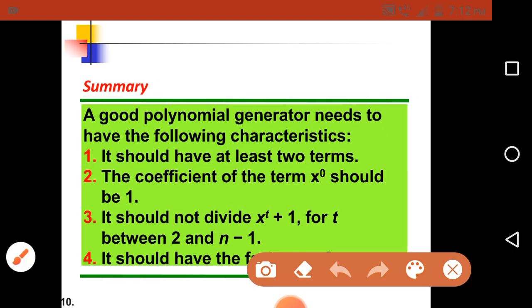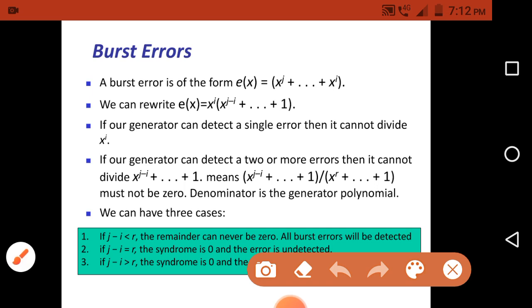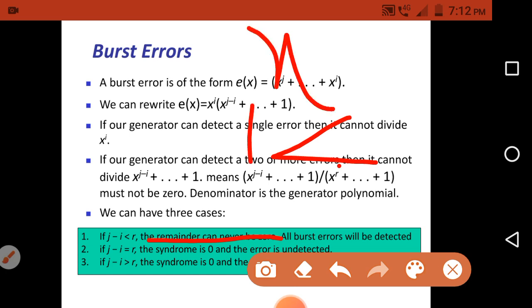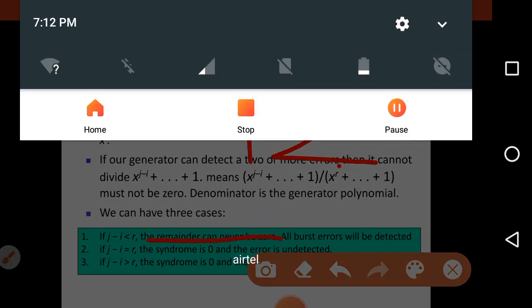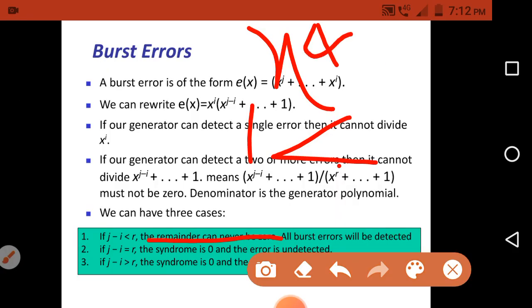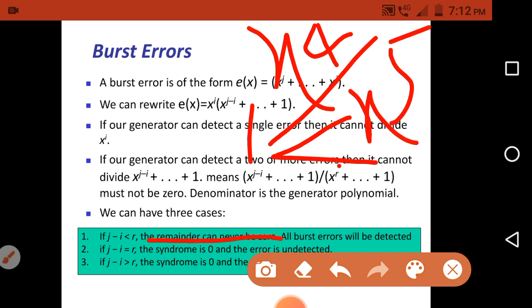The remainder cannot be 0. Why? Because if the r value, that is the degree of the denominator, is greater than the degree of the numerator, say the numerator is x raised to 4 and the denominator is x raised to 5, then the degree of the denominator is greater than the degree of the numerator.